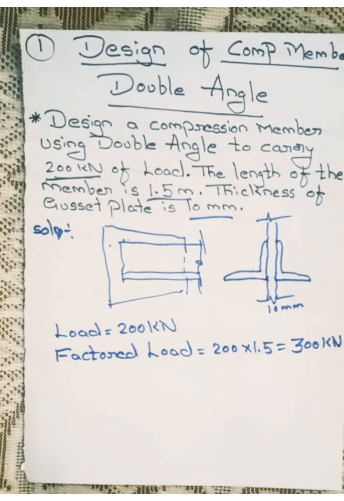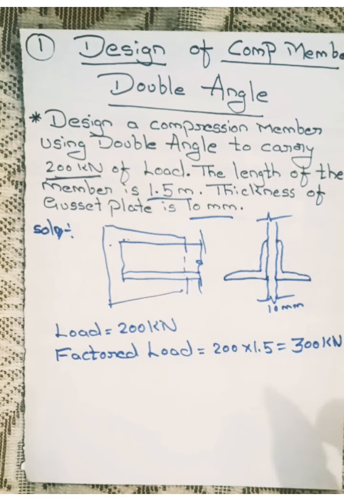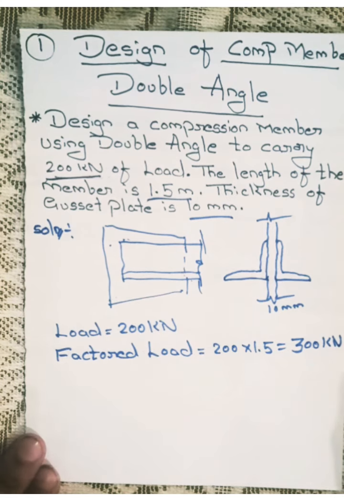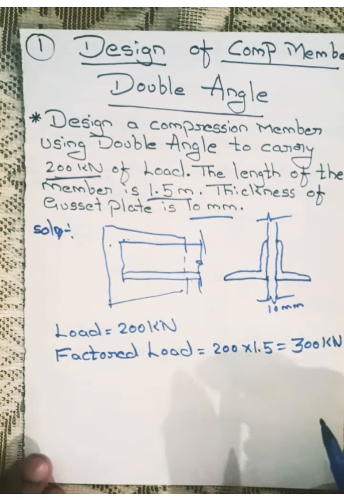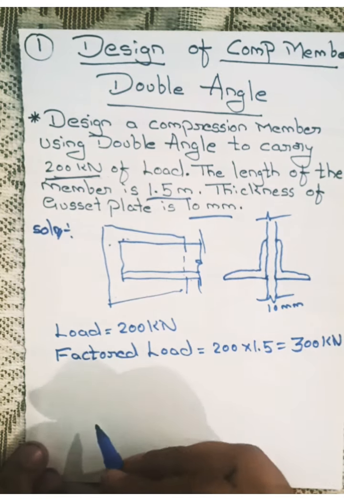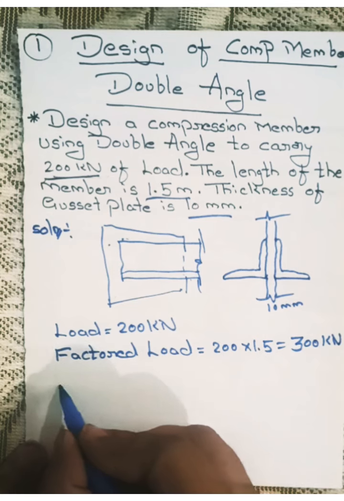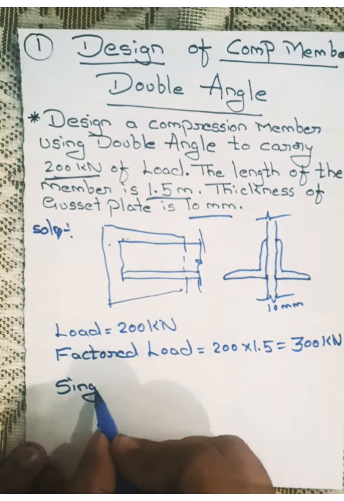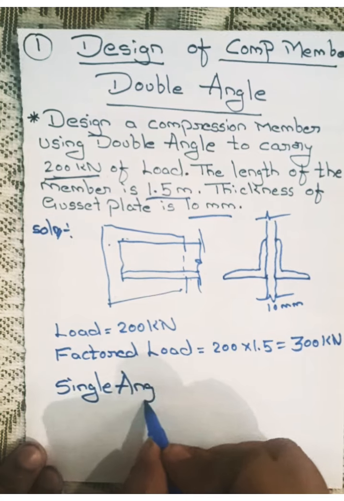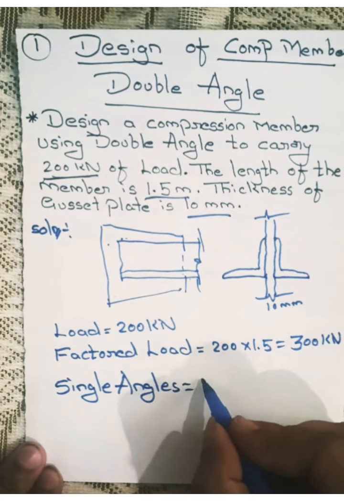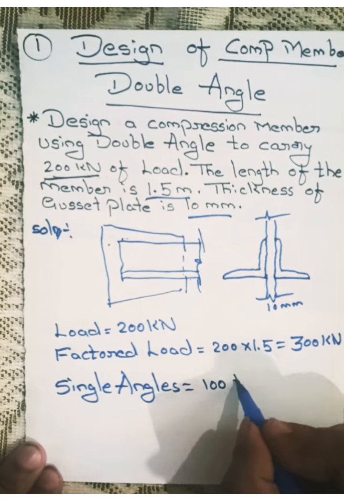So the first thing in the design of a compression member is to pick a trial section from the steel table. For that we need to assume some FCD value, that is design compressive stress. This value which we are going to assume depends upon various factors. For a single angle, we can assume it anywhere between 100 to 150.